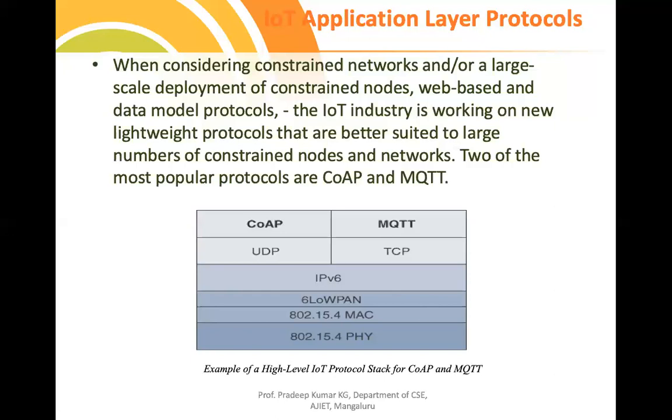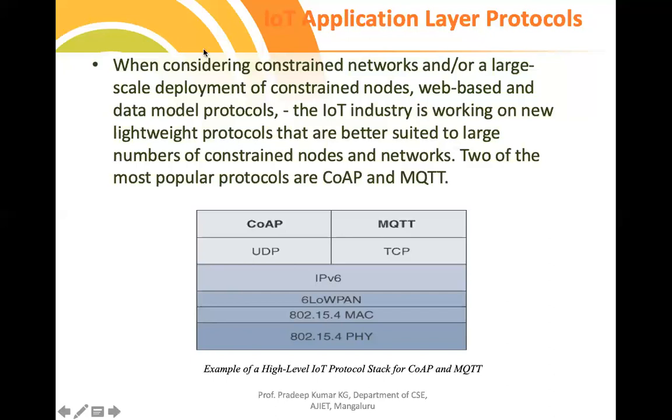That is the use of a lightweight protocol as the number of constrained nodes and networks increases. That's why CoAP is one of the major application layer protocols when we are making use of constrained networks and constrained nodes.